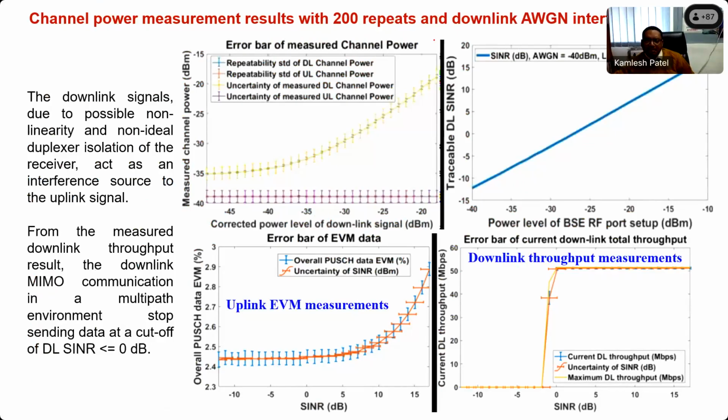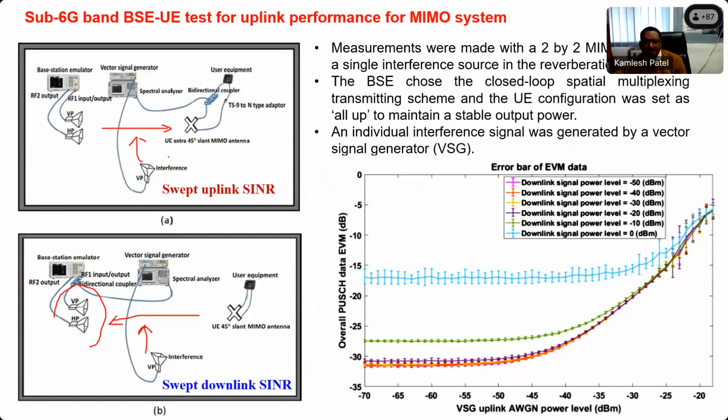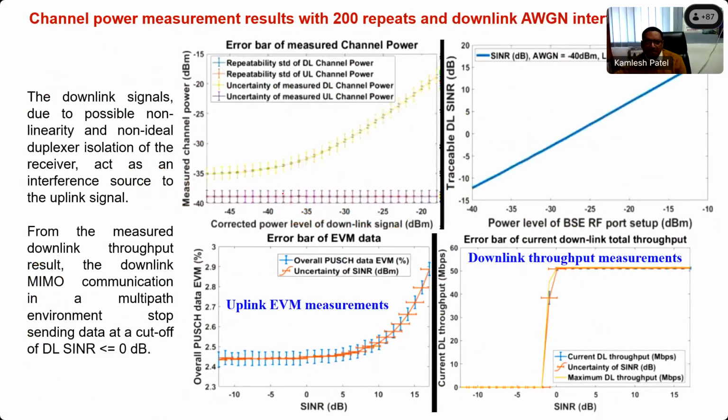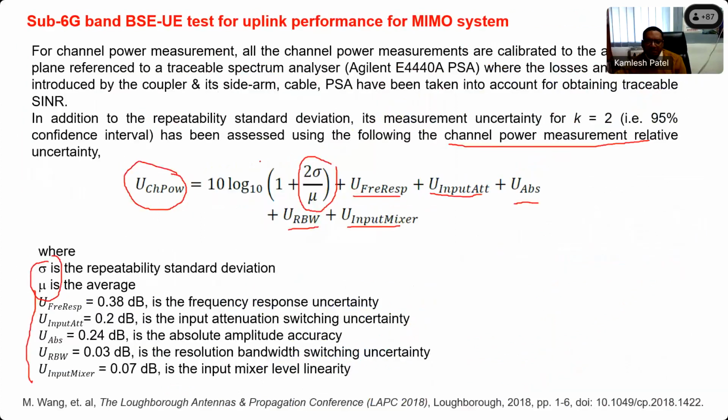So we have discussed the downlink measurement and the uplink measurement, how the uplink measurement is performed, and how the downlink measurement is performed. In both scenarios, the value of SINR is estimated, and the uncertainty is estimated using this equation.